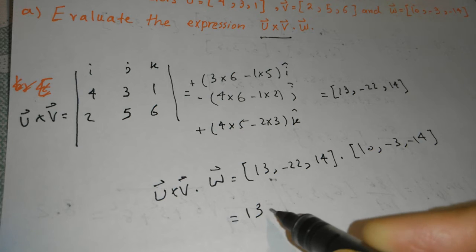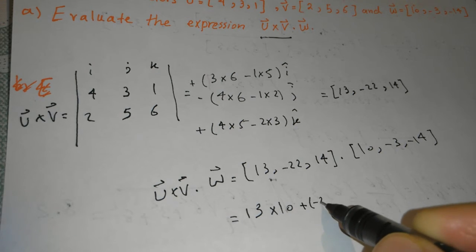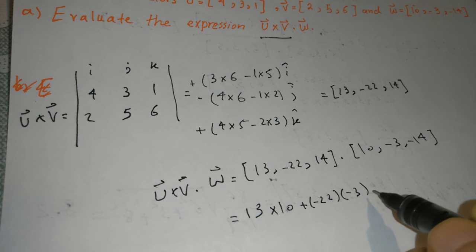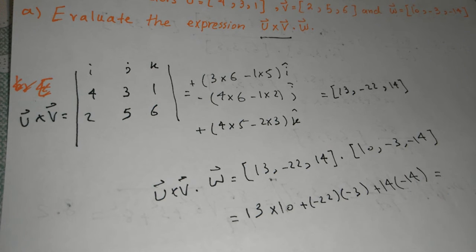You just do that: 13 multiplied by 10 plus negative 22 multiplied by negative 3 plus 14 multiplied by negative 14. The result would be 0. This is this question.